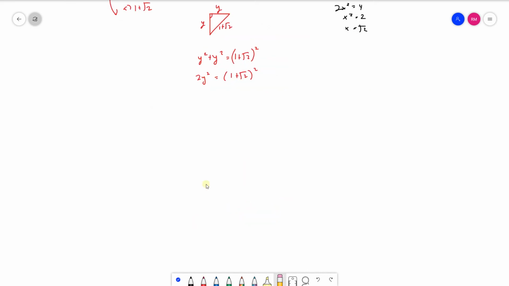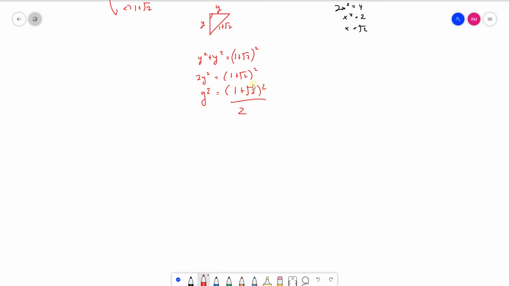So now we can add y square and y square together, so it's going to be 2y square. Once we have 2y square, we can bring the 2 to the right hand side by dividing both sides by 2, correct? So y square equals (1 plus surd 2) square over 2.